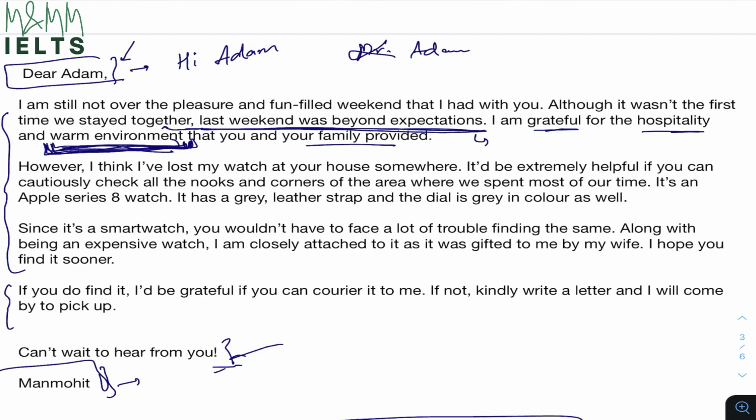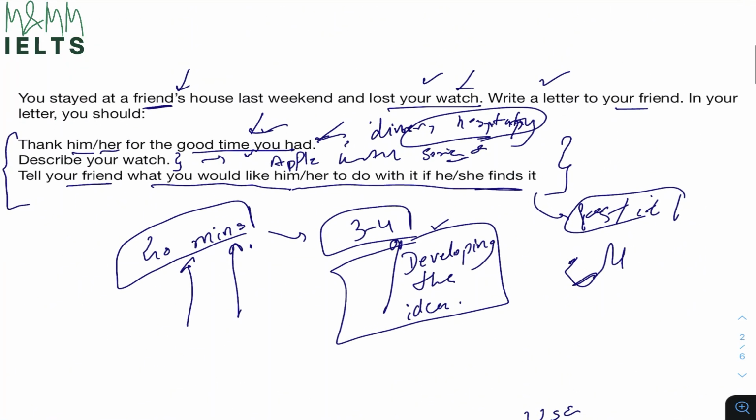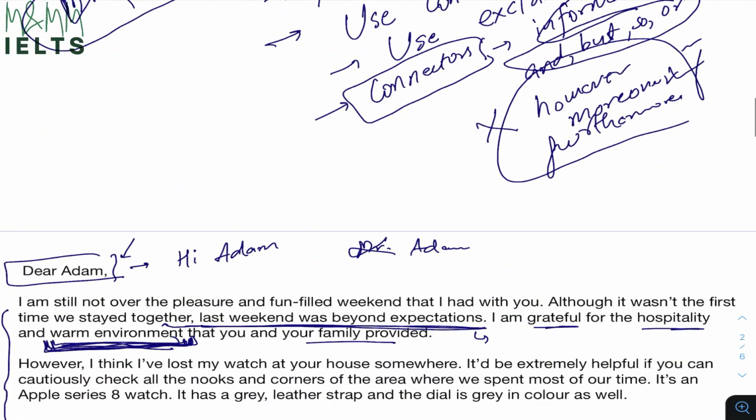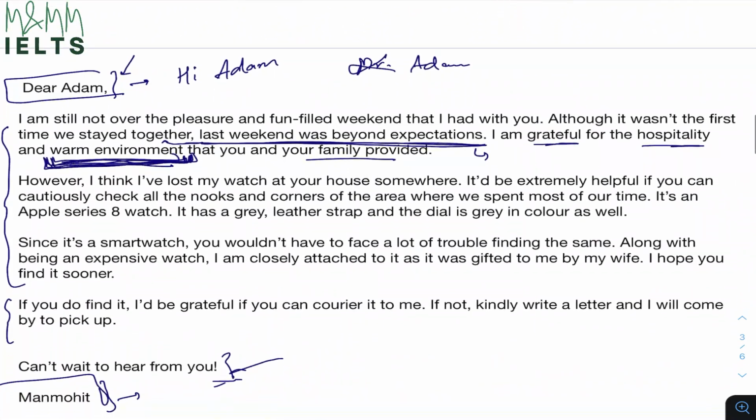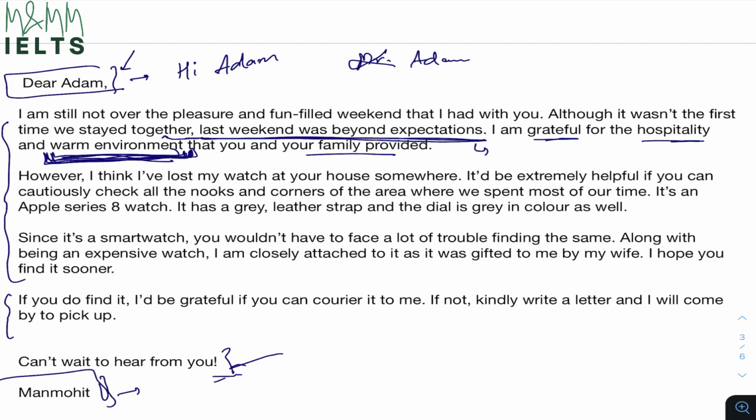Next was, describe your watch. So in the next paragraph, I've described my watch. However, I think I've lost my watch at your house somewhere, where I've used a contraction.